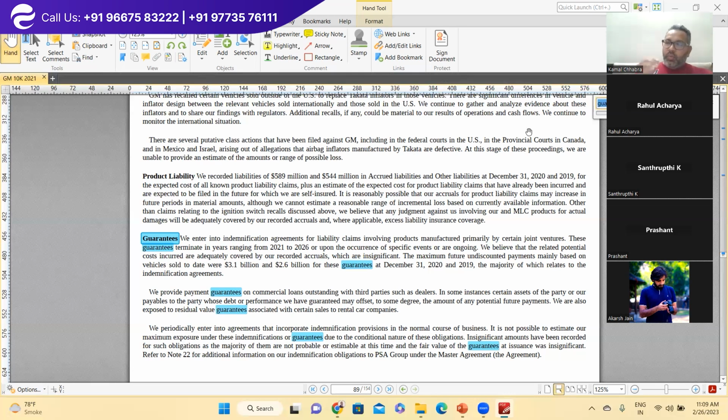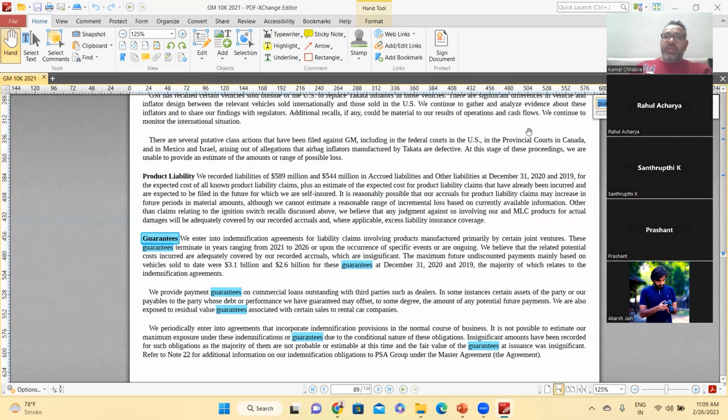Now you want to invest in ABC company. As an investor, will you be interested in knowing this transaction or not? You'll definitely be interested, because there may be a possibility in future that XYZ fails to pay the bank, and then the bank comes to your door and asks for money, and then it will be trouble for you. So as an investor, as a stakeholder of that company, it's relevant information for you.